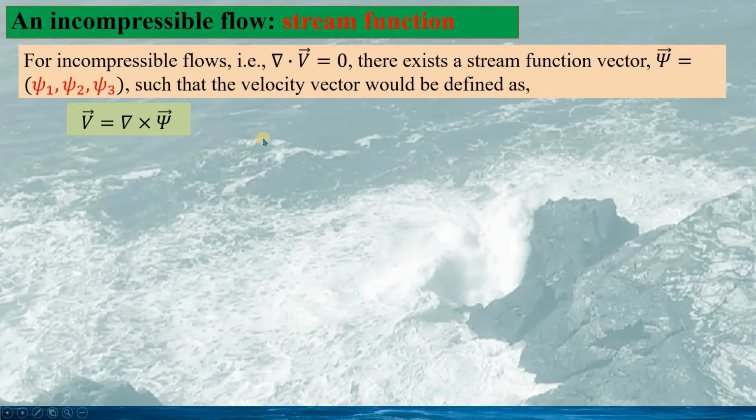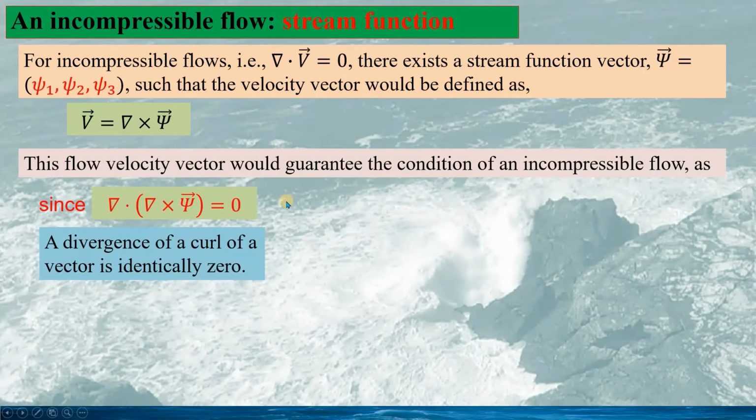Similar to the irrotational flow, where the assumption of the irrotational flow would lead to a scalar function, the velocity potential function, for incompressible flows, given as the divergence of the velocity vector is 0, that means there exists a stream function vector psi such that the velocity vector can be calculated as the curl of the stream function psi.